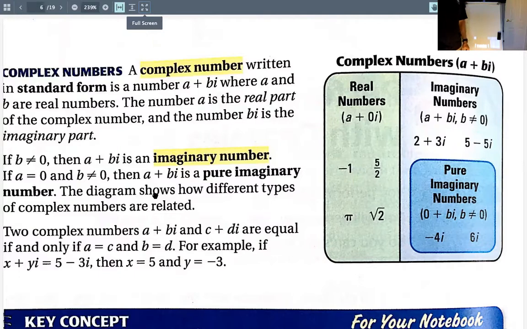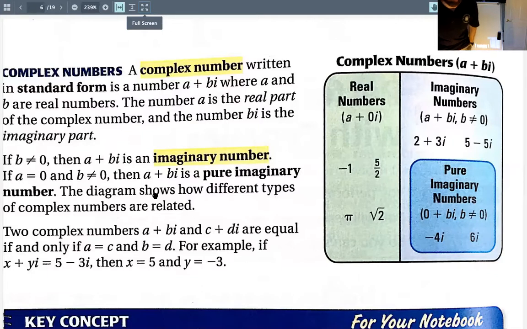Now look at the table on the right, and look at the right column. Examples of complex numbers or imaginary numbers are 2 plus 3i, 5 minus 5i. In 2 plus 3i, 2 is the real part and 3i is the imaginary part. That's a complex number.